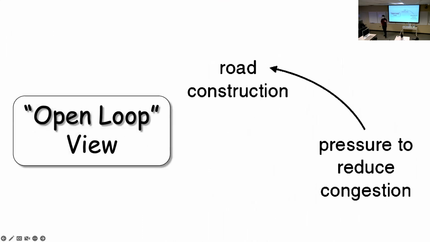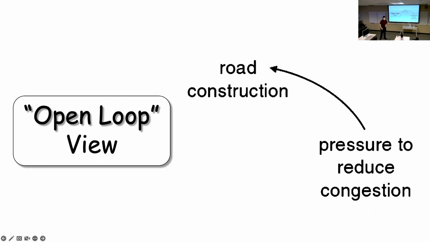Normally when we think about a problem like road construction, there's pressure to reduce congestion, and we respond to that road congestion with road construction. From a short-term perspective, this makes a lot of sense. In the short term, if you don't have enough highway, build more highway.